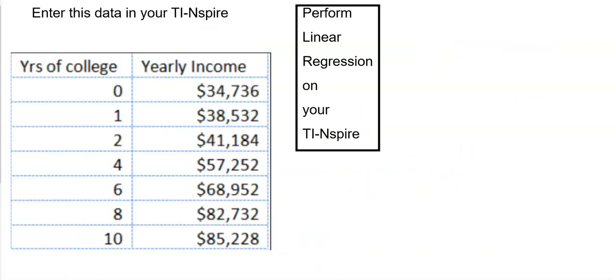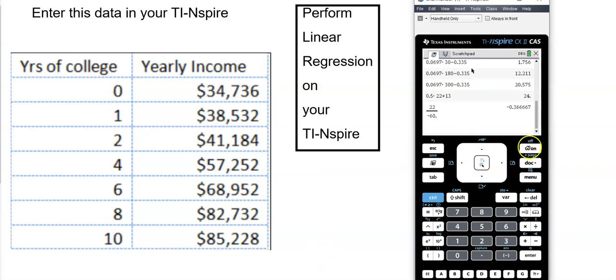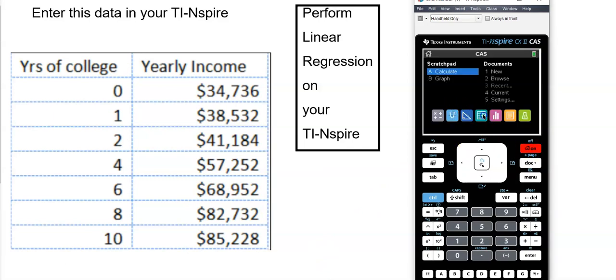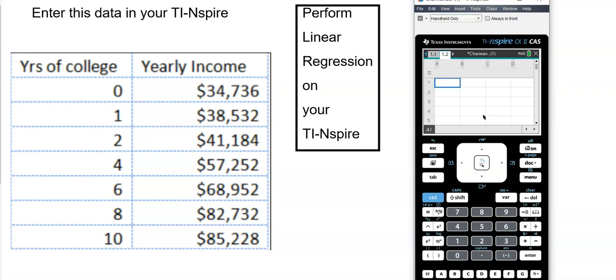And last one, let's look at this data here. So we're going to put in both lists of data. I'm going to call the first list college, or COLL. The second list I'm going to call INC, income. Okay, I'm going to put in 0, 1, 2, 4, 6, 8, 10.